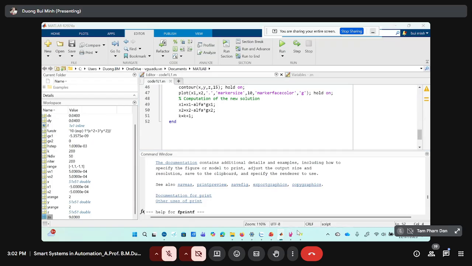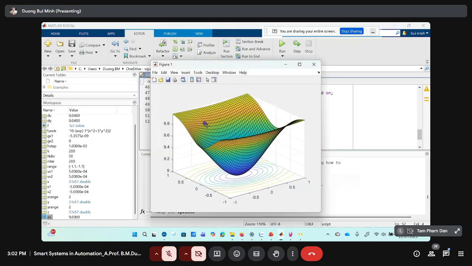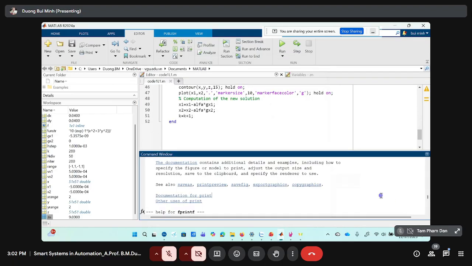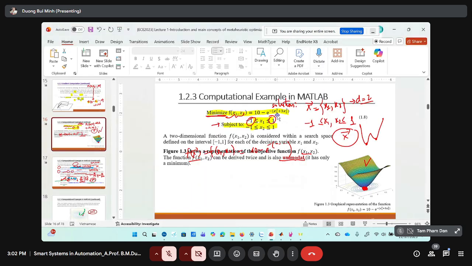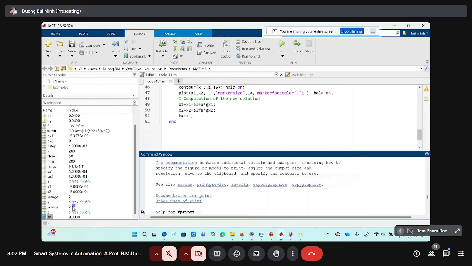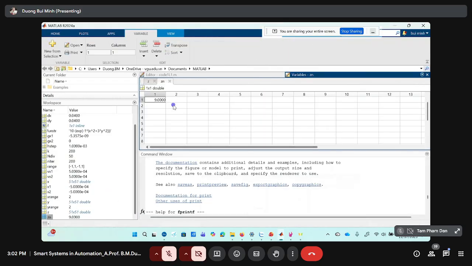So now this is the 3D curve, and you get the minimum here. At the minimum, the value of fx is 9, right? Why? Because x1 is 0 and x2 is 0, so e to the power of 0 is 1, and 10 minus 1 is 9. So when you check Zn, you get 9.